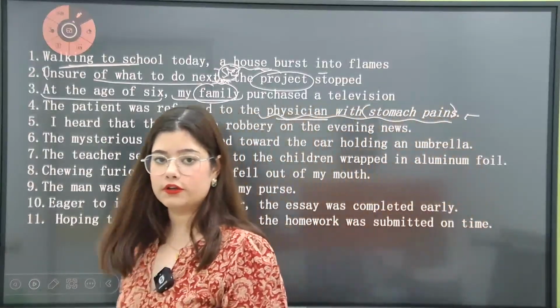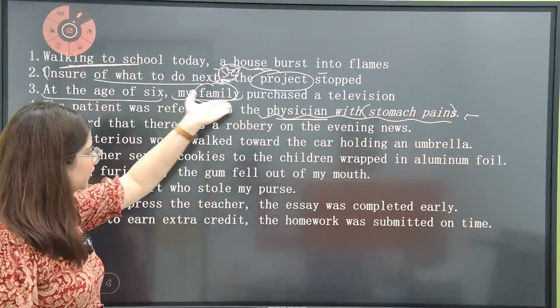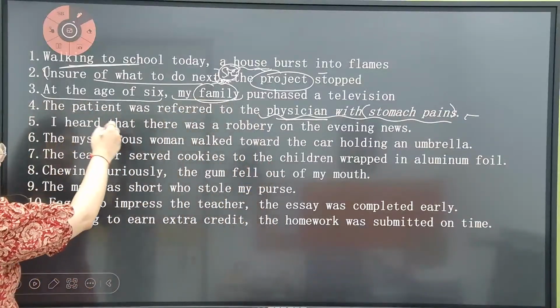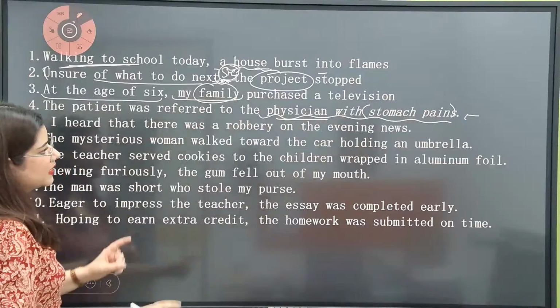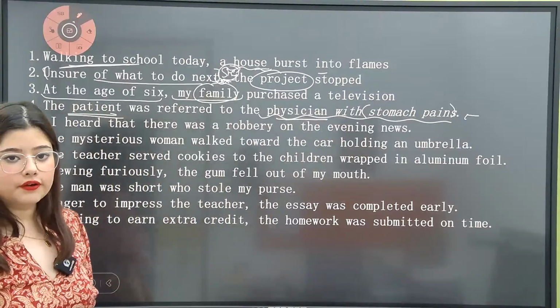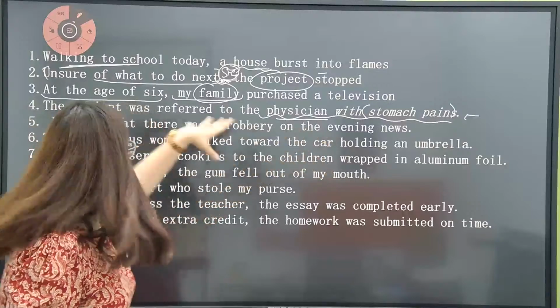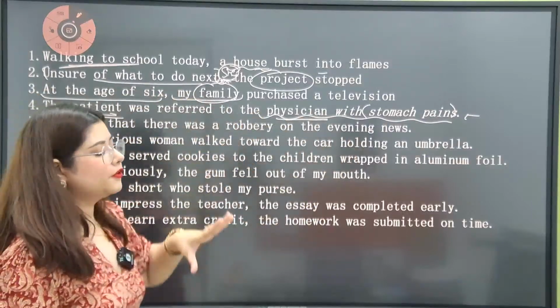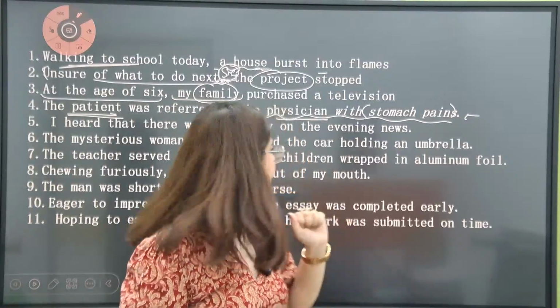But that is not the truth. Obviously, the patient would have been suffering. So, the patient with stomach pains is modifying the patient here, right? And not the physician. So, the patient with stomach pains was referred to the physician.